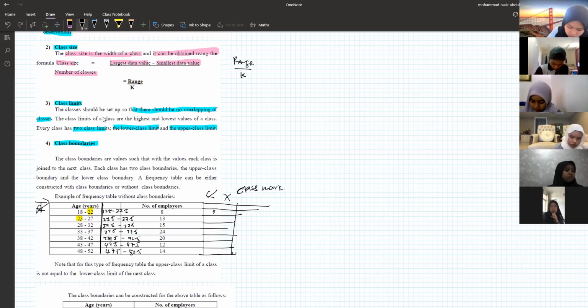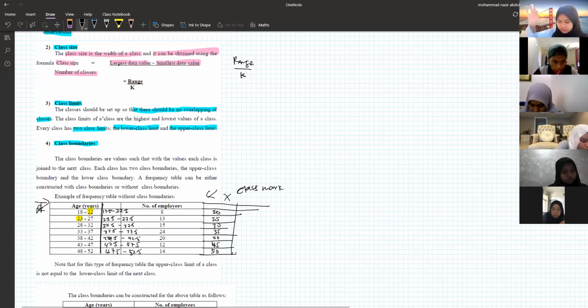So this is your class mark. 23 plus 27 divided by 2 is equal to 25. 28 plus 32 divided by 2 equal to 30. 35, 40, 45, and the last 50. Right. So this is how you calculate a class mark for a frequency table which doesn't have a class boundary.